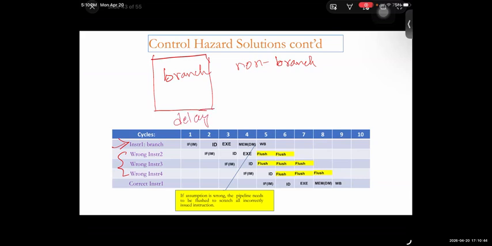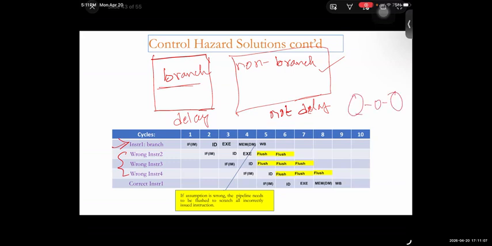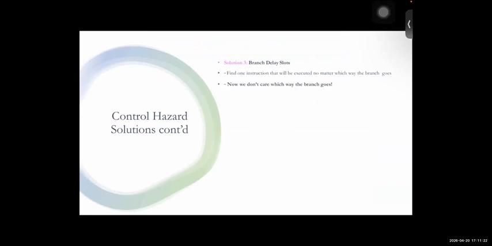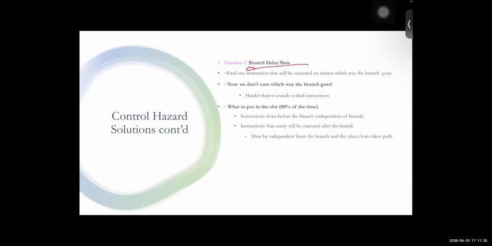Delay the branches, and the non-branch instructions are given the chance first, not in the delay slot. So they will be executed first, then the branch instructions. So this is again out of order execution. This is called the branch delay slot.